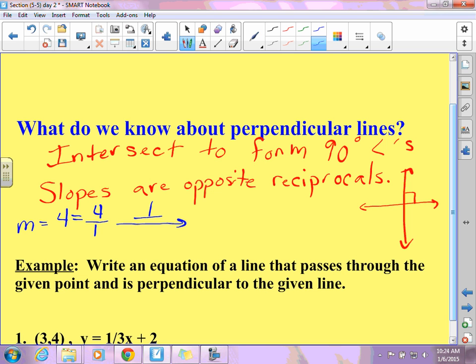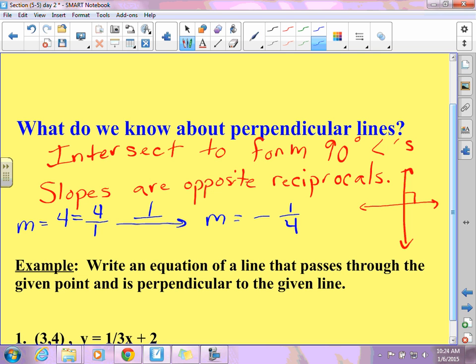So if it's positive, this one's going to be negative. So it's going to be negative, and a reciprocal just means that I take that fraction and I flip it. So my numerator becomes the denominator, and my denominator becomes the numerator. So this is negative 1 over 4. That's my new slope.